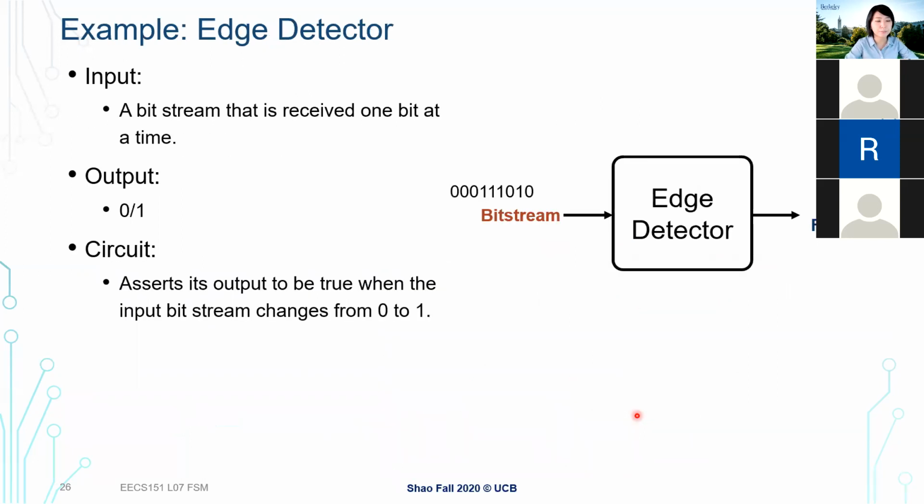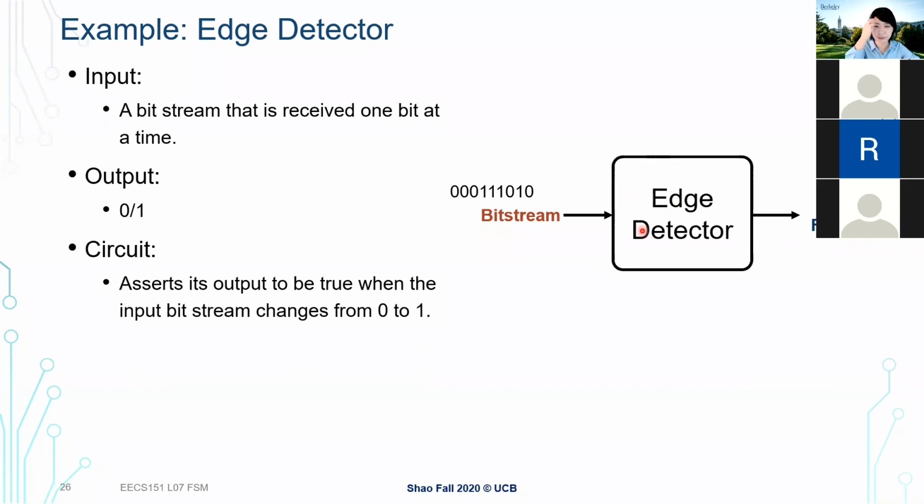Let's use a very simple example here. Whenever we think about a finite state machine, there are three parts: the input of my circuit, the output of my circuit that is visible externally, and inside, the state register that we use to store the states. Here we are building an edge detector.